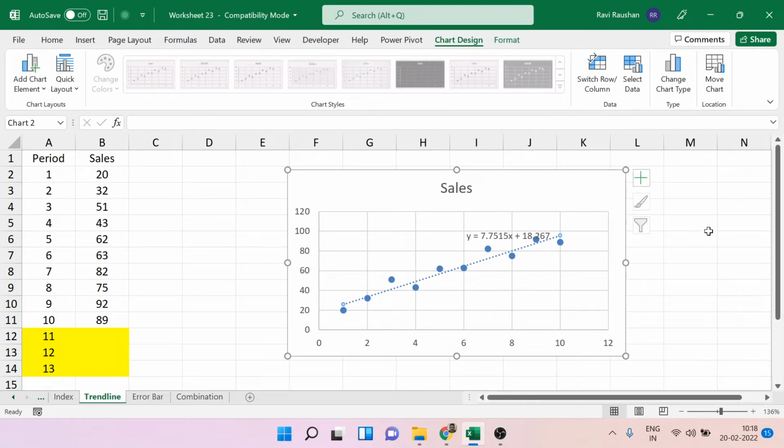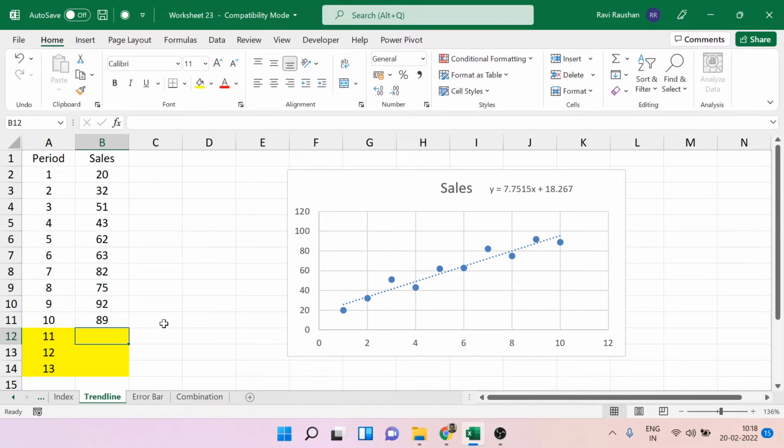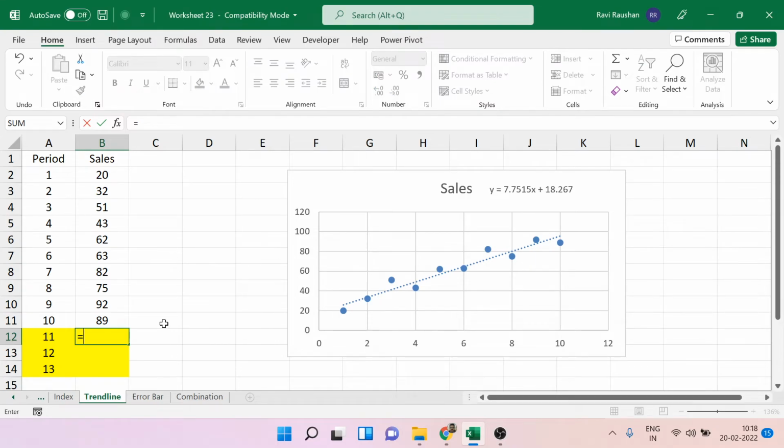All right, so let us look at the equation. This is the equation that we got. What can I do with the equation? This equation is y is equal to mx plus c. Your x value is the period that we have discussed. So I simply need to plot this equation here. If you look here, I type equal to, because I need to find out the y value.